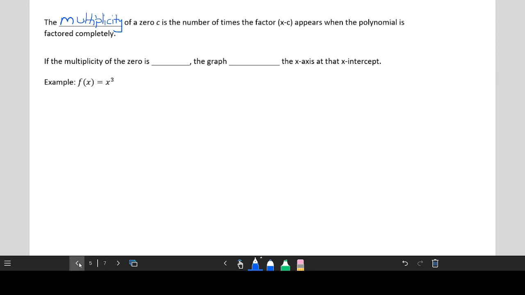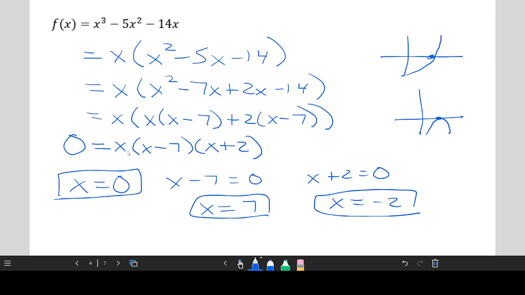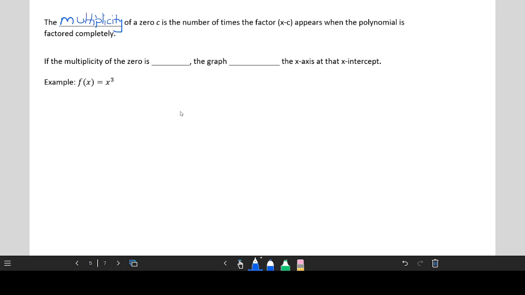And so for each of these, the multiplicity was 1. We only had the x plus 2 factor show up one time. We only had the x minus 7 factor show up one time. And we only had the x factor show up one time. But sometimes you do get the same factor showing up twice in your factorization. So then the multiplicity would be 2 if that's the case.